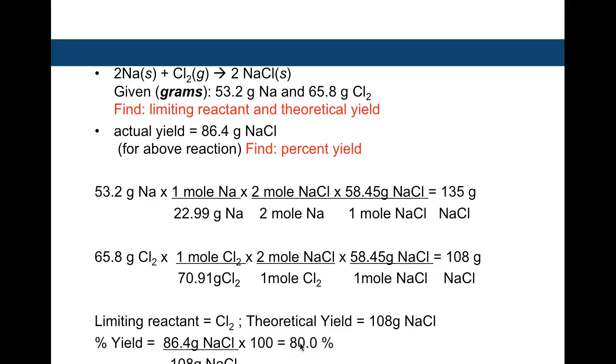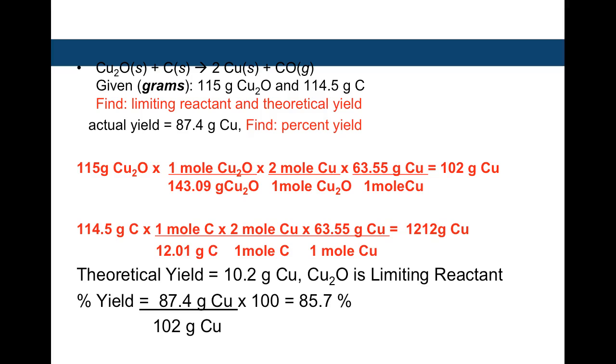So your percent yield is going to be 80%. So again, actual divided by the theoretical times 100. So 86.4 divided by 108 grams times 100. Okay, and then you get 80%.